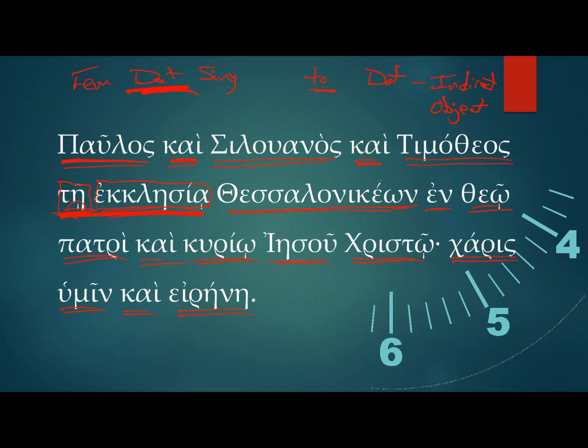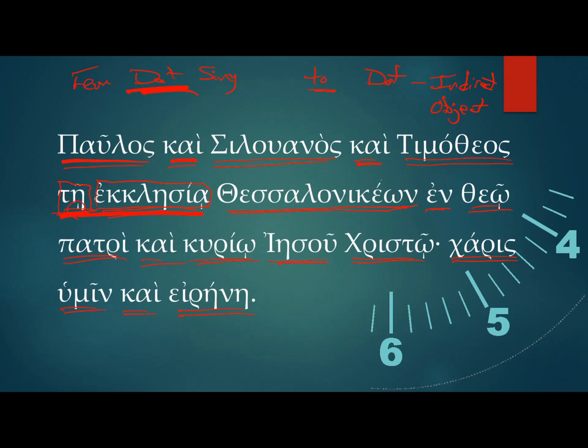The indirect object is the noun that the main verb is in benefit of. So John threw the ball to Tim. So Tim is the indirect object there. And so that's what we have going on here.